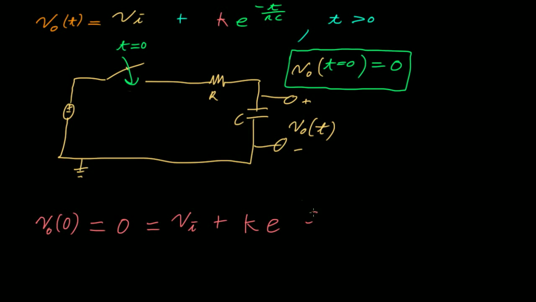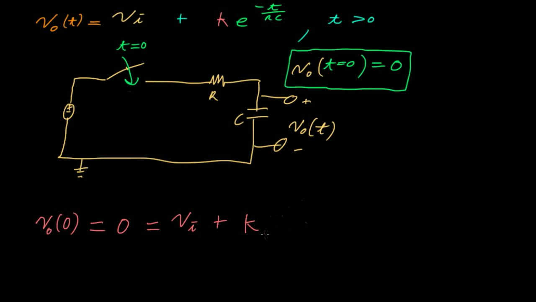So 0 divided by RC is just 0, and e raised to the 0, or anything raised to the 0 power, is just going to be 1, right? So now our equation is simplified down. We have 0 is equal to Vi plus 1 times k, so we can even get rid of the 1 there. So 0 is equal to Vi plus k.